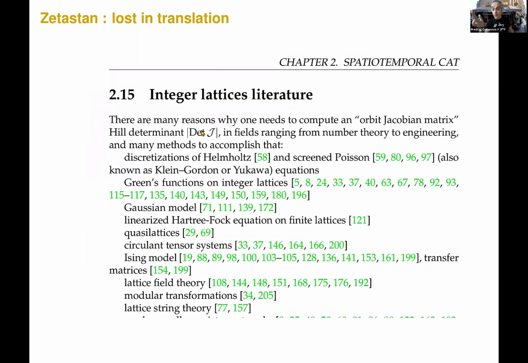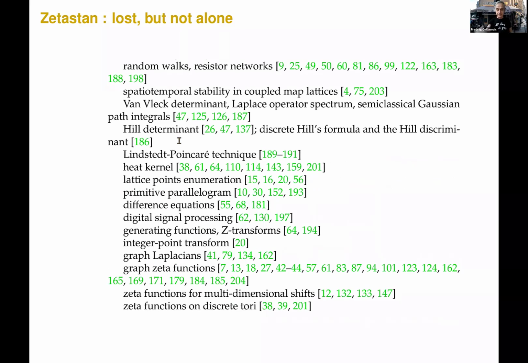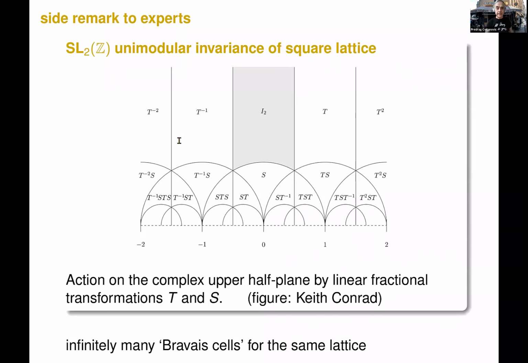And I'm not alone. In Zetastan, everybody has visited Zetastan sooner or later who does condensed matter, number theory, cryptology, engineering, discretizes any problem. So there are infinitely many papers. I just give you a few of people who have to compute Hill's determinants, including Michael Eisenman.